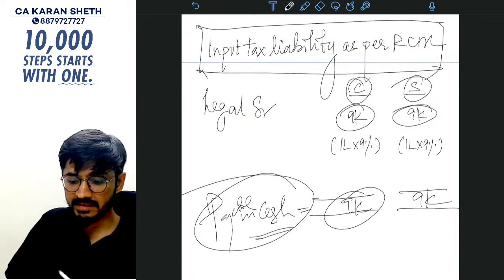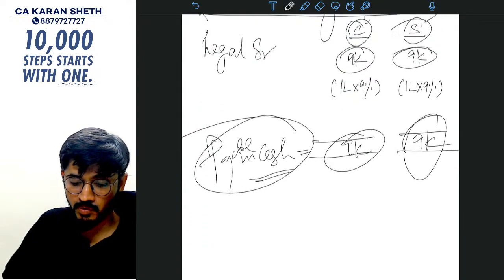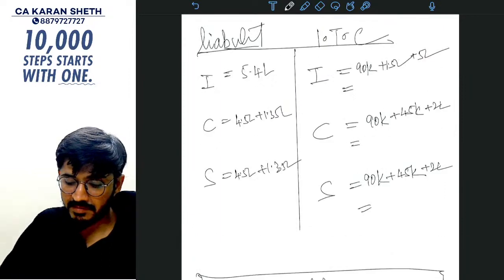Is that very clear, guys? So here you will pay in cash first and then you will add it here.